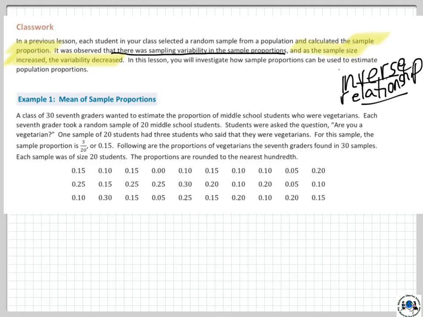Example 1: a class of 37th graders wanted to estimate the proportion of middle school students who were vegetarians. Each 7th grader took a random sample of 20 middle school students and asked, are you a vegetarian?